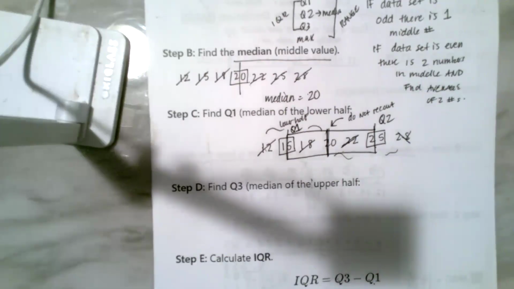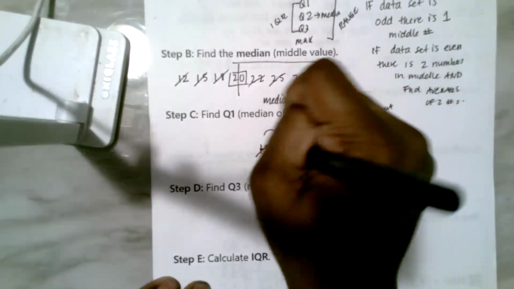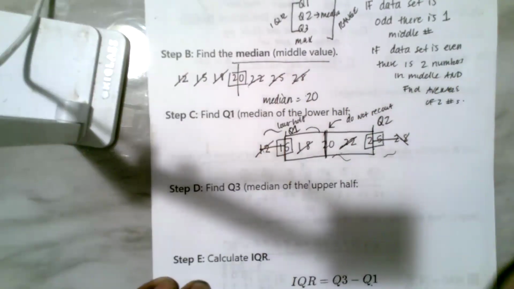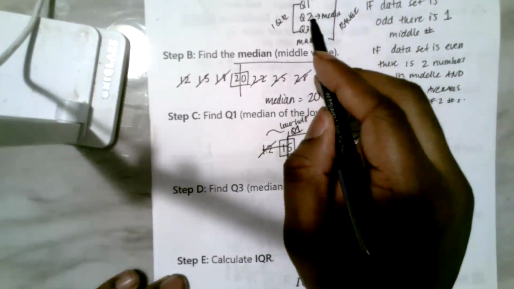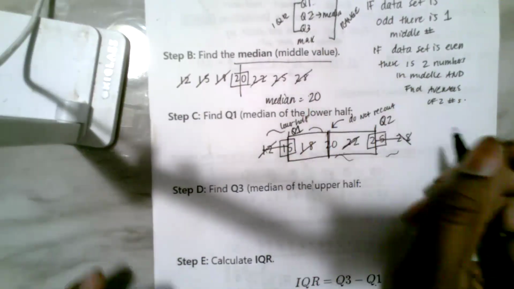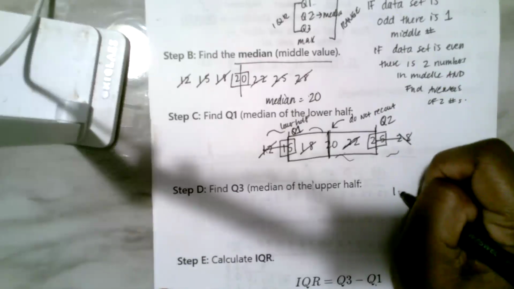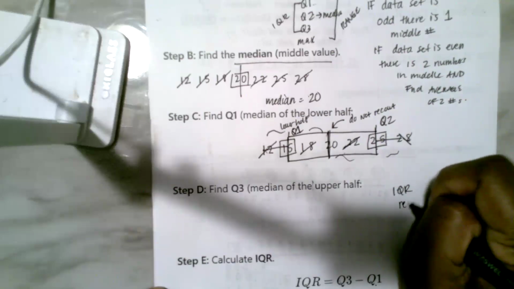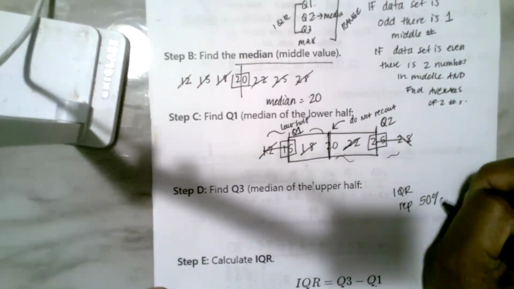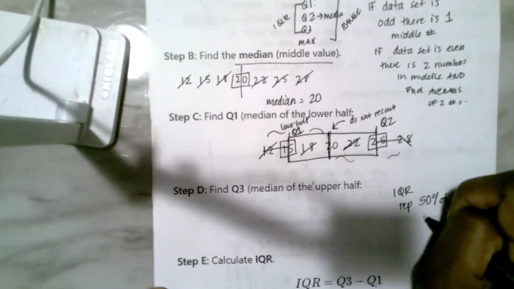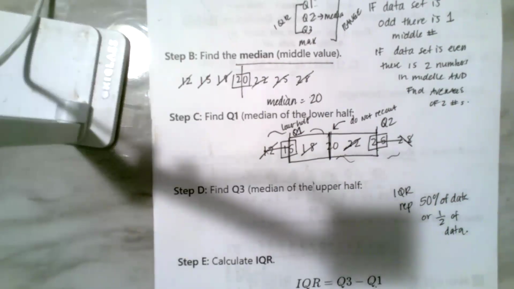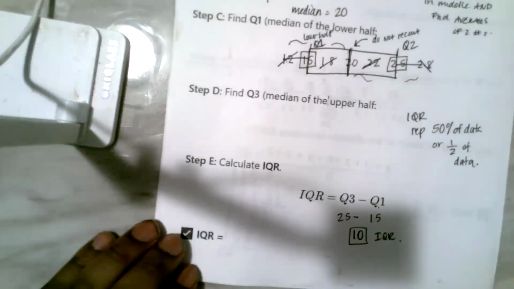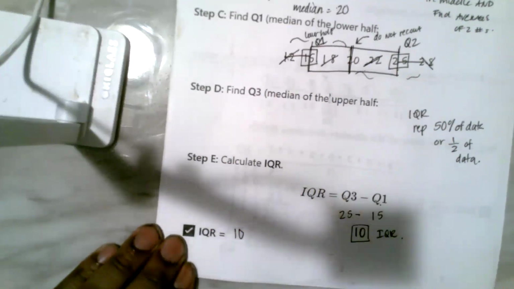Another good note to understand is quartiles mean quarters, right? So from each of these data points to the next, it represents 25% of the data, which means the interquartile range represents 50% of the data, or 1/2 of the data. Okay. The interquartile range is 10.